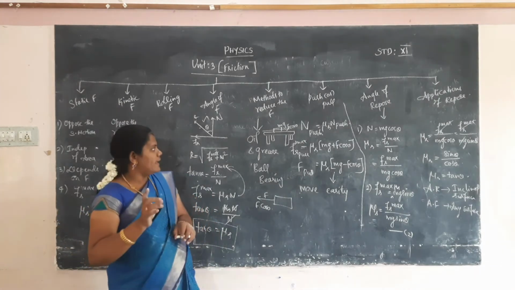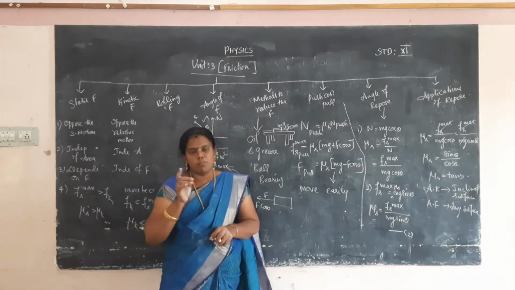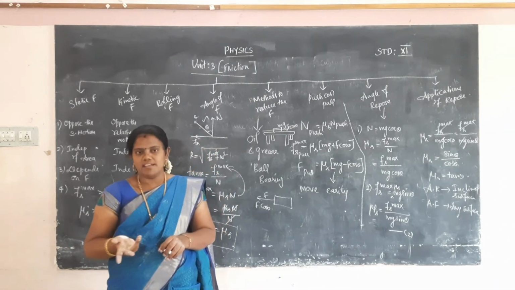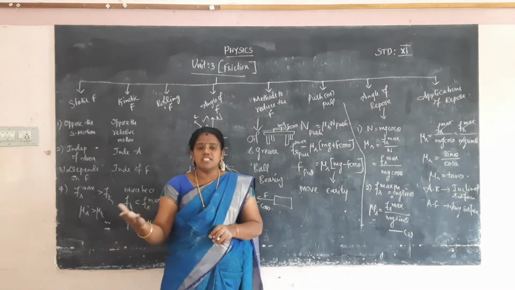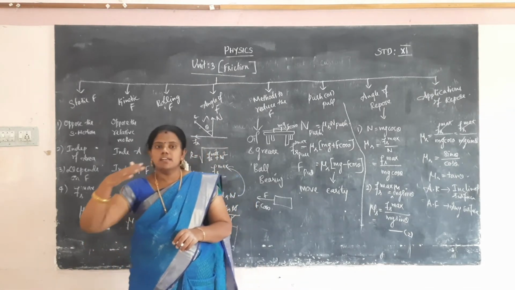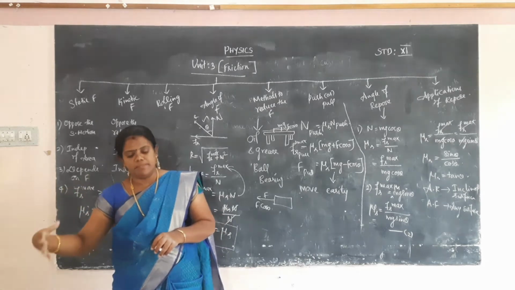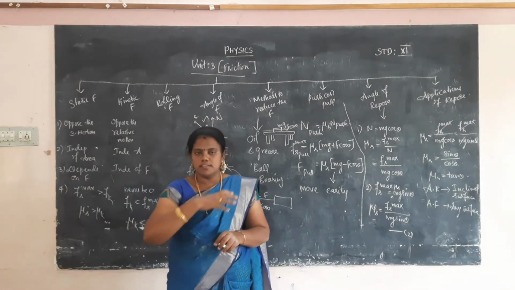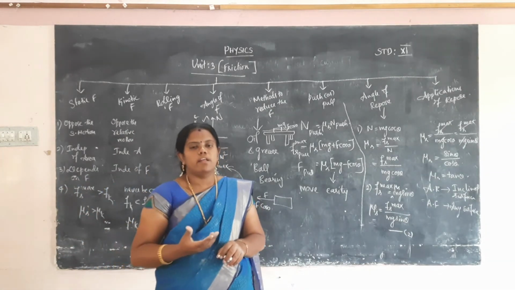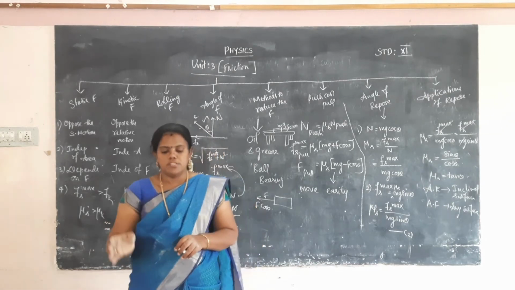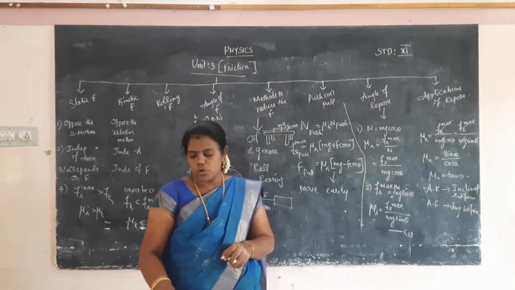Inclined plane மட்டும் தான் angle of repose நம்ம யூஸ் பண்ண முடியும். Repose is nothing but the angle of an object sliding on the inclined plane. Inclined plane la ஒரு thing வந்து ரைட் ஆகுது அப்படினா அதுல இருக்கக்கூடிய angle என்ன, angle of repose. So I will draw one diagram.